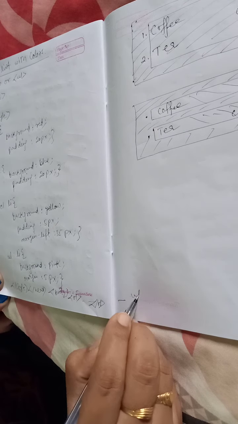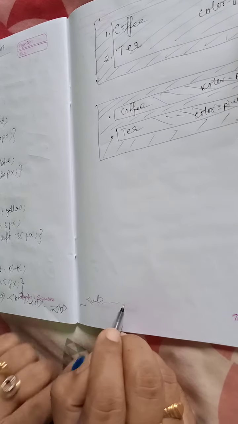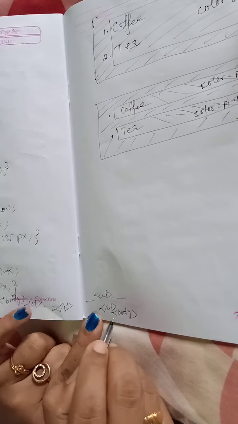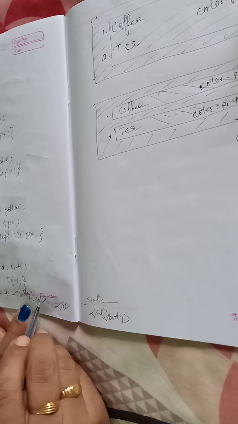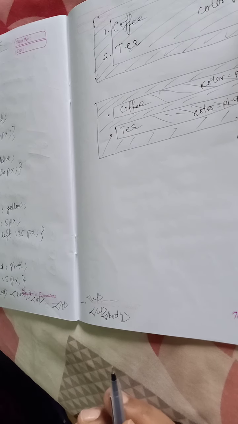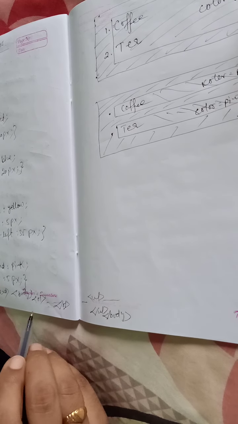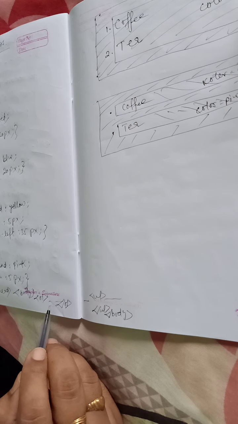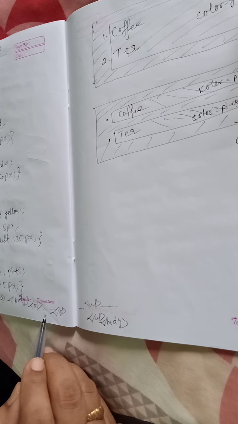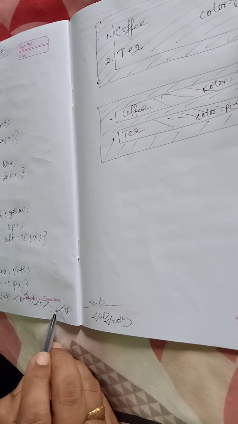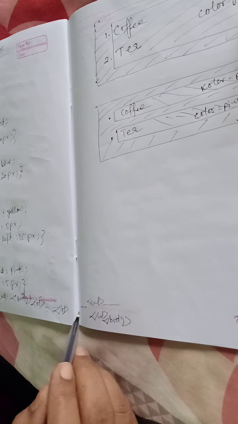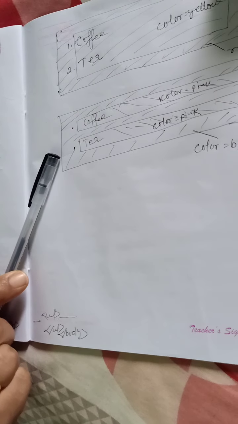After that again we'll mention the unordered list and end the unordered list. The inner lines, that is 2 list items, can be filled. We'll open the li tag, write coffee, then close the li tag. Similarly again li, write tea and close the li tag. The same 2 lines will be written again here. Then you can see this output.